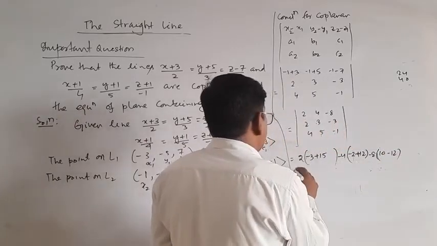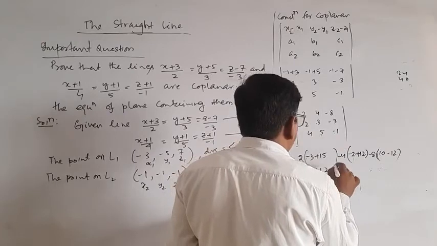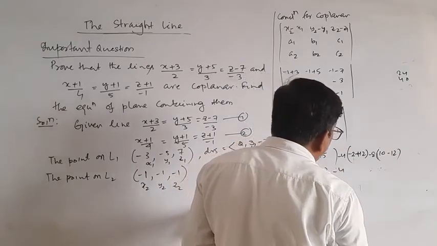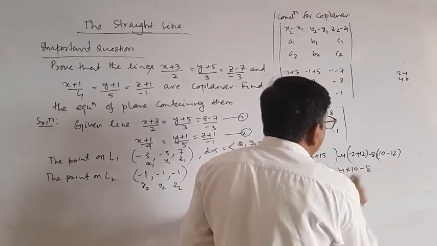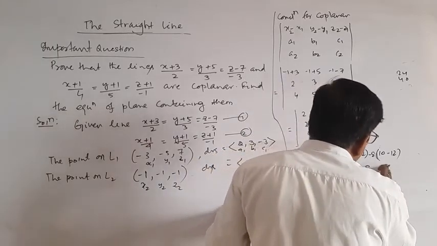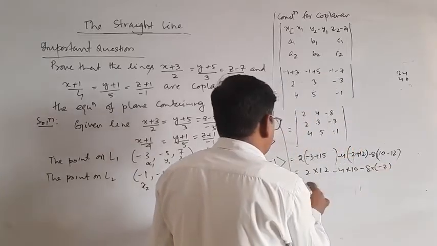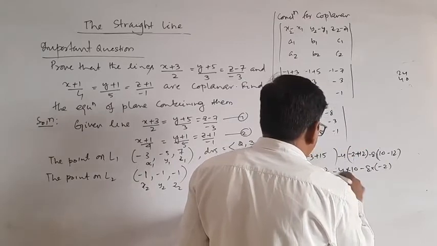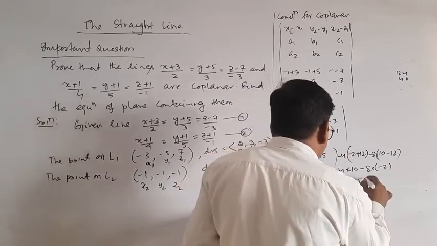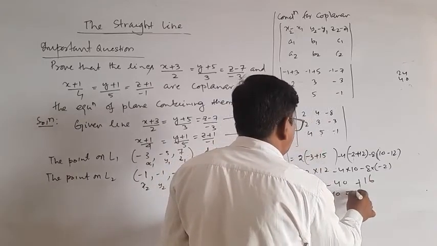So this is equal to 2 into 12, minus 4 into 10, and minus 8 into minus 2. So this is 24 minus 40, and this is 16. Therefore 40 minus 40 is equal to 0.